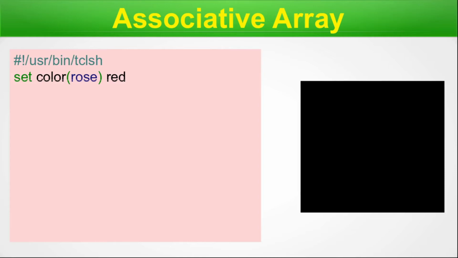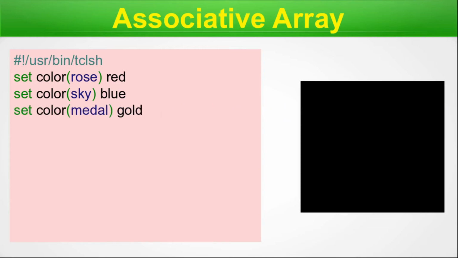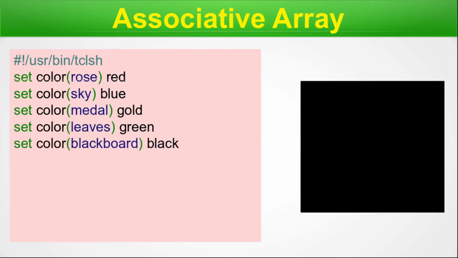So here the index is rose and the value is red. This way we keep on defining: set color sky, and the value is blue. Simply, middle is the key and the value is gold. Leaves is the key and the value is green. Blackboard is the key, the value is black.